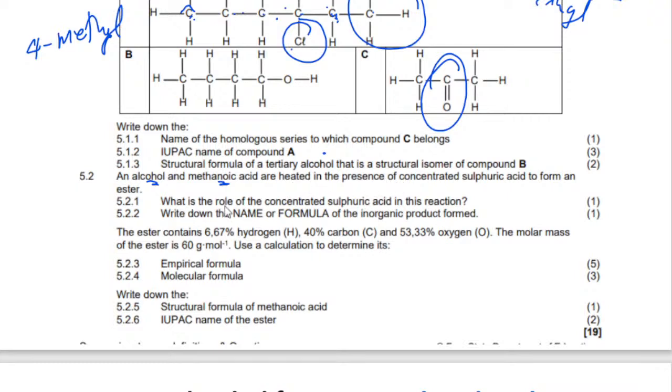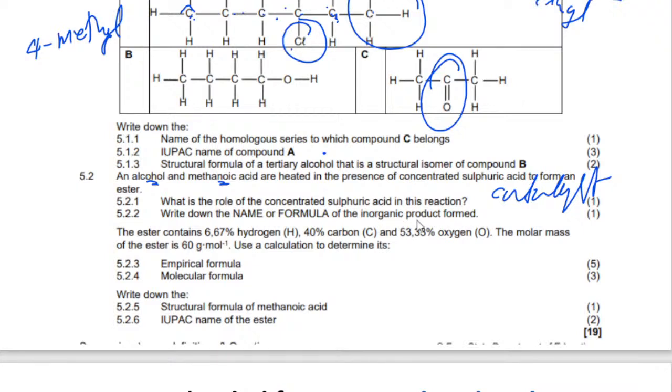So what is the role of concentrated sulfuric acid in this reaction? Guys, whenever they ask you, the role of concentrated sulfuric acid is acting as a catalyst. You must know that. They are saying write down the name and the formula of the inorganic product.